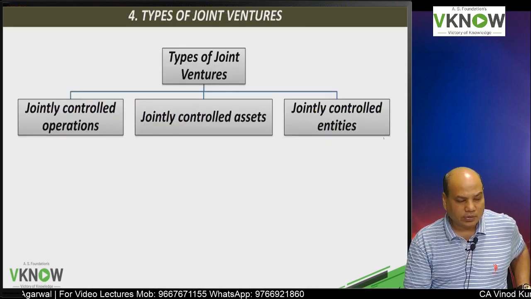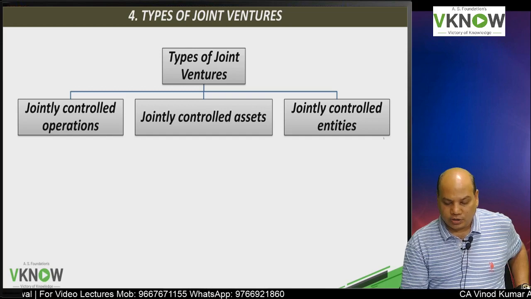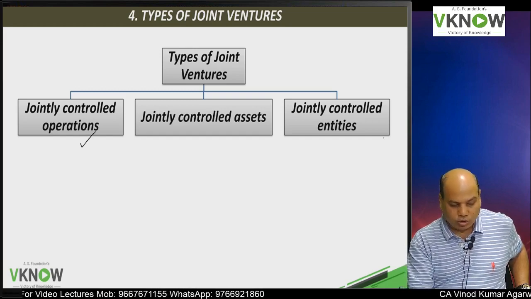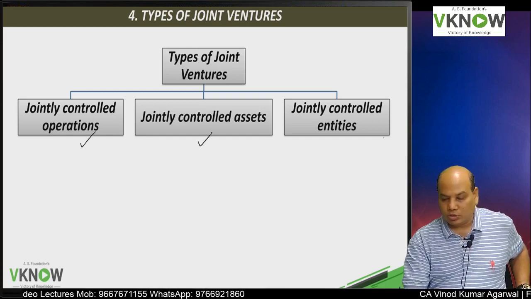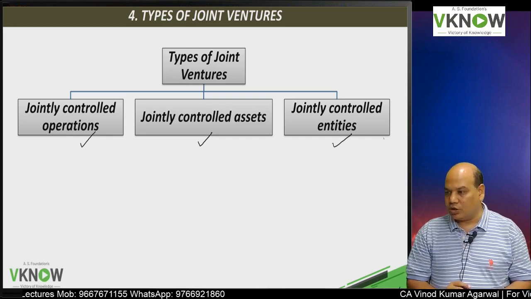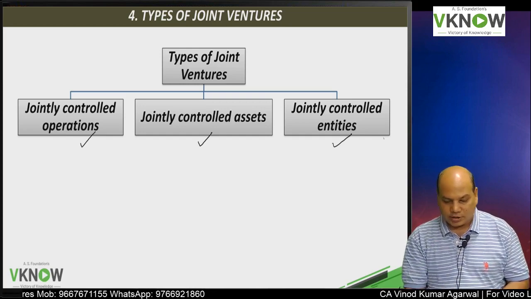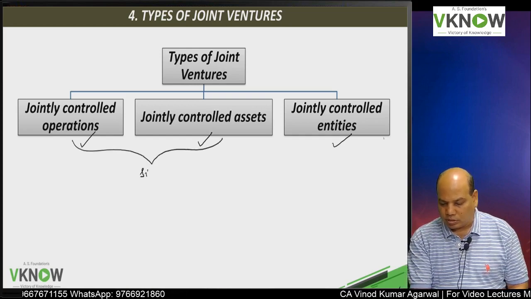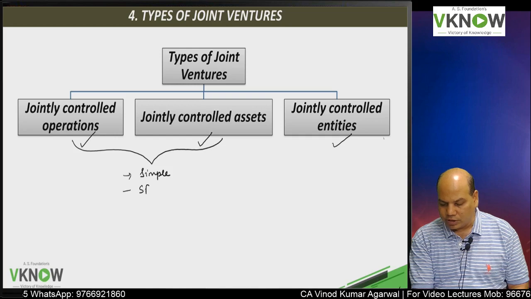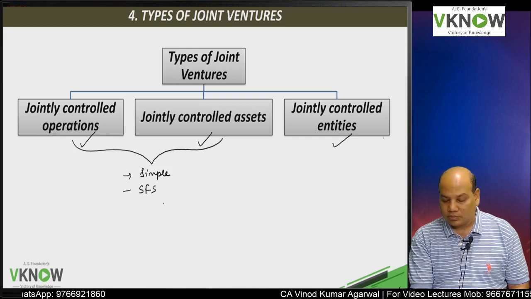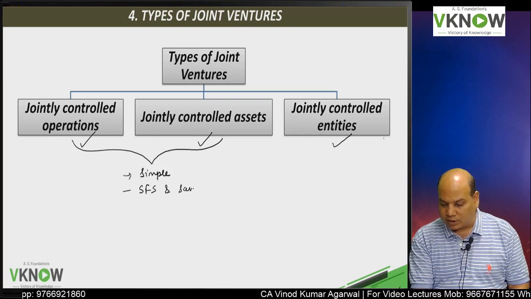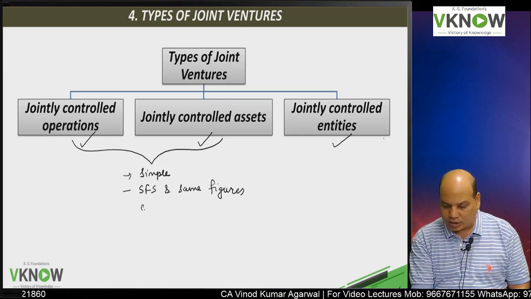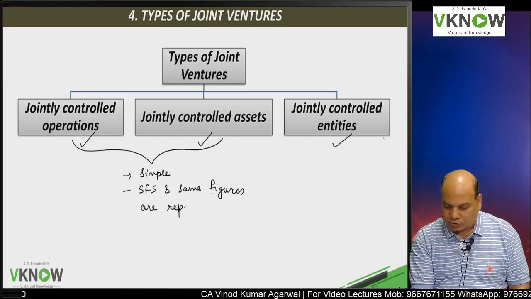As per AS27, there are three types of joint venture: jointly controlled operation, jointly controlled asset, and jointly controlled entities. Accounting of these two is simple. Accounting is done in SFS, and the same figures are reported in CFS also.